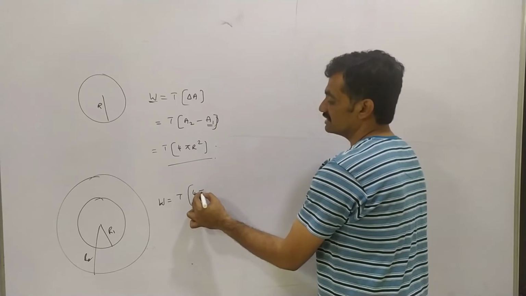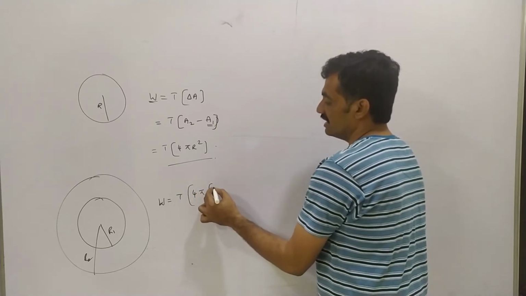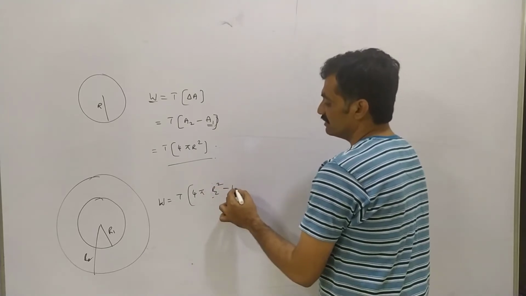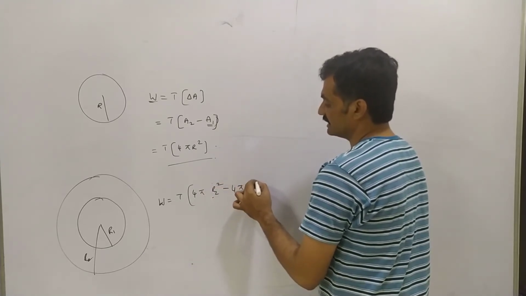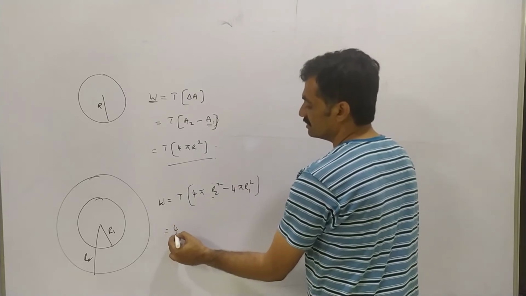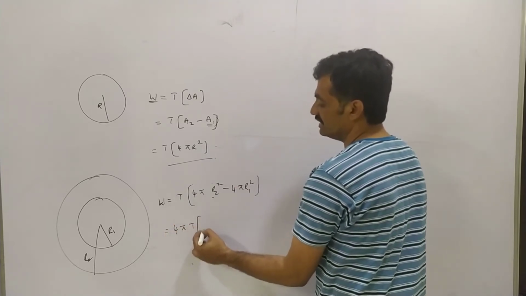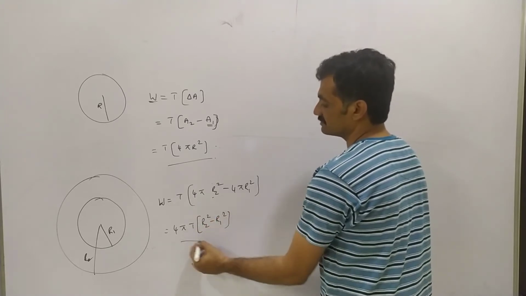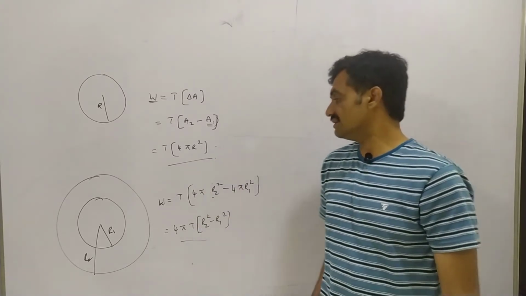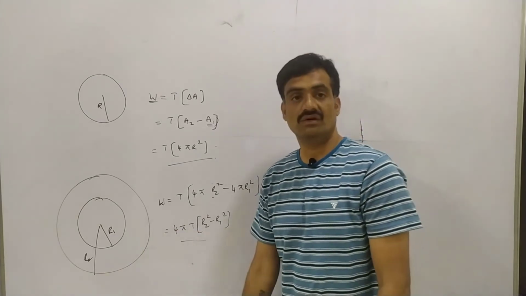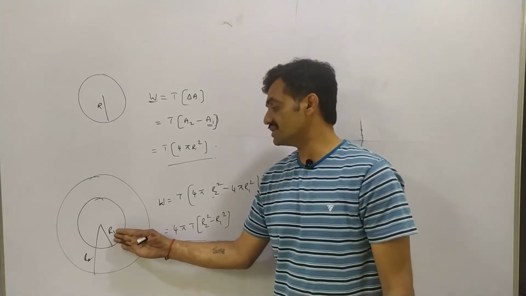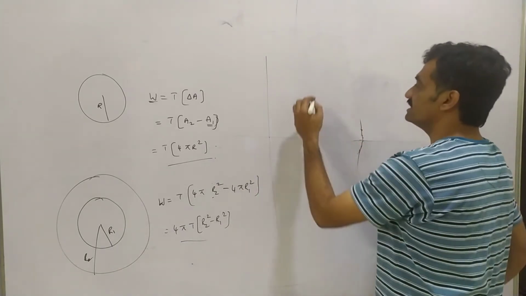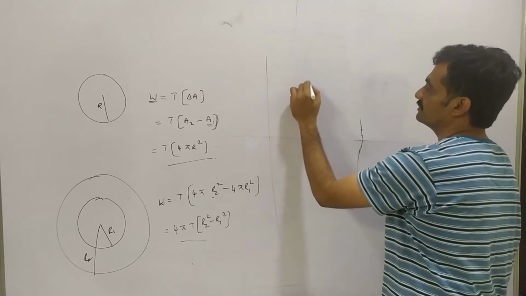So it can be represented as 4 pi into R2 square minus 4 pi into R1 square. So here as we take 4 pi as common, it can be represented as 4 pi T into R2 square minus R1 square. This represents the work done in this case of liquid drop when the radius has been changed from R1 to R2.